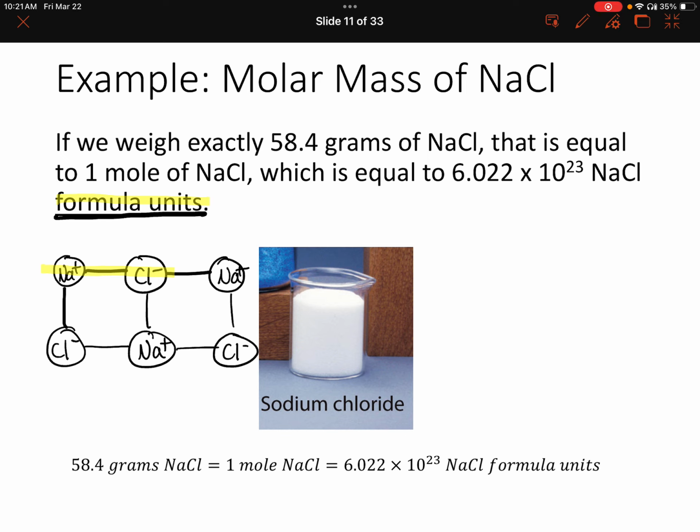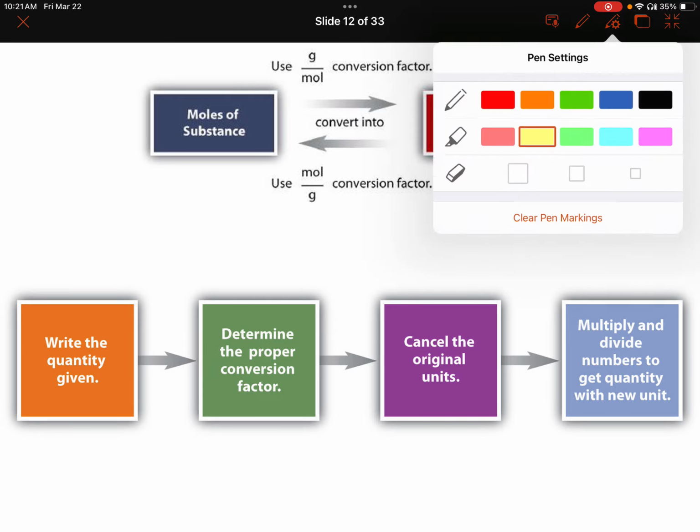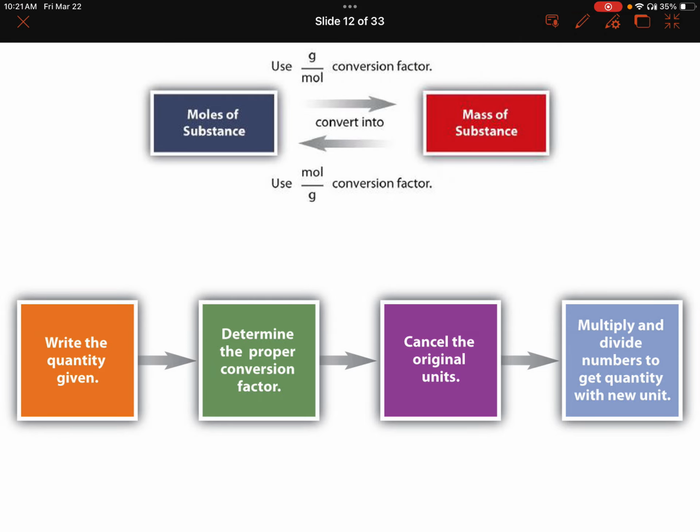All right. So not too bad, right? Calculating the molar mass. So now how do we use that in conversion problems? If we're using molar mass, we're converting between grams and moles. So for example, let's say we're starting with moles of a substance.